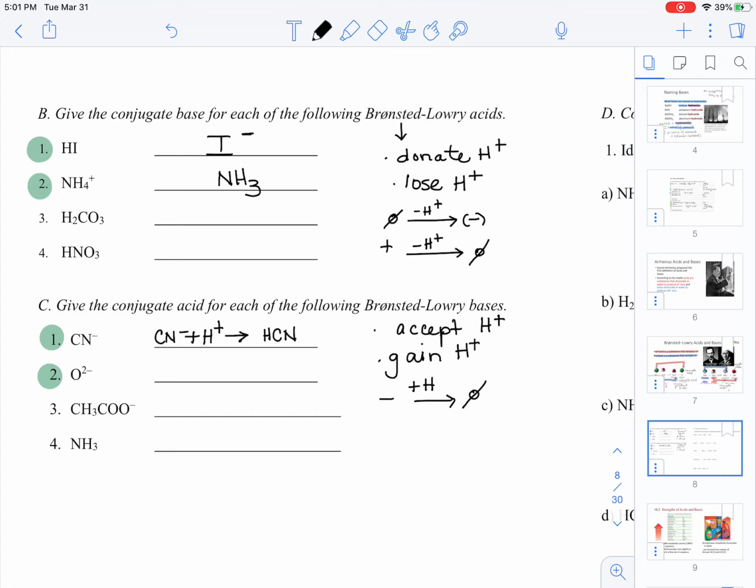For example, on number 2, if you have 2 negative and then you're gaining 1 proton because there is 1 positive charge, then you're going from 2 negative to 1 negative. So in the case of number 2, since we have O2 negative, when we add the proton, then the resulting molecule is going to be OH negative 1.